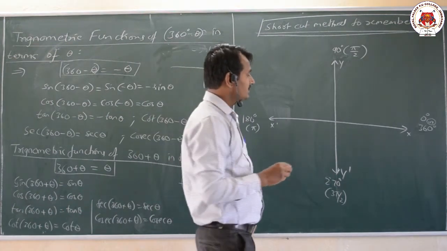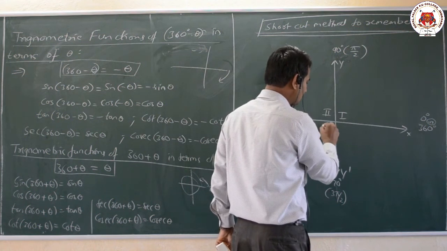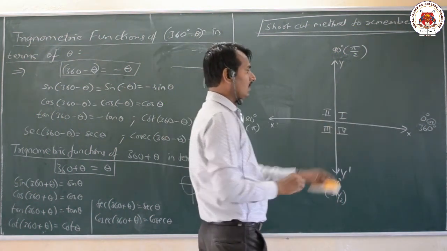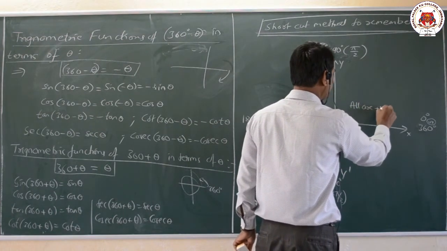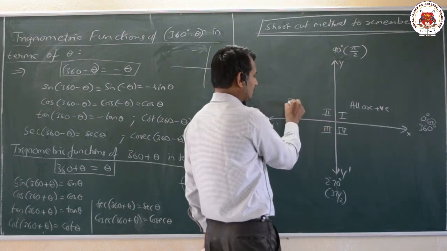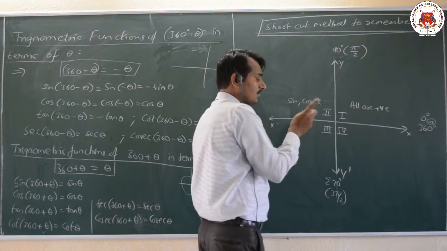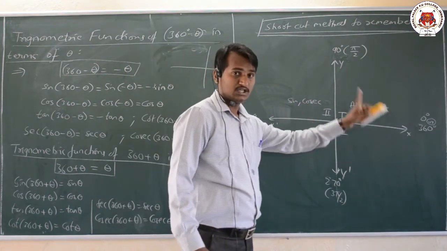Now here it is our first quadrant, second quadrant, third quadrant, and then the fourth quadrant. In the first quadrant all are positive. In the second quadrant sine and cosecant. So if you are remembering only sine, that is more than sufficient, that is the ASTC rule.